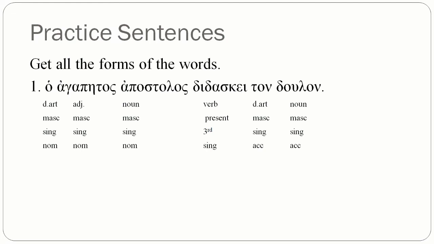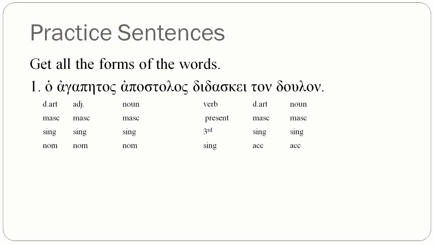All right, so here are all of the forms of the words. Ho, masculine singular nominative. Then the next word, agapetos, is the adjective, also masculine singular nominative. Apostolos is the noun that goes with those, and it is indeed masculine singular and nominative. Your verb is didaskei. There is no sigma at the end of that stem, even though there is a sigma in the word, so be careful of this one. There is that sigma, but it's part of the verb stem.